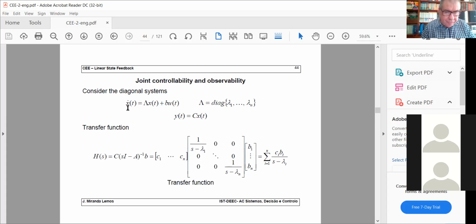And if, for instance, you want to design an example in which you have a pair AB which is not controllable or not observable, you start with a transfer function with a pole zero cancellation, and then you do a state realization for it using the techniques that we have studied to obtain the state model from the transfer function. Questions about this?